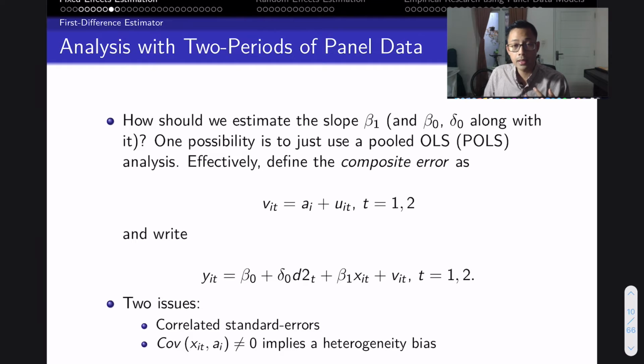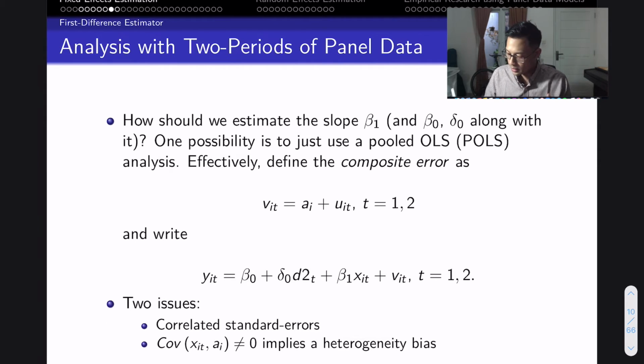Now, let's do it and assume that we're going to use the panel data and estimate this as a pooled OLS. So effectively, let's define the composite error. Again, this is comprised of the unobserved heterogeneity and the shocks for the two periods that we have in the data.